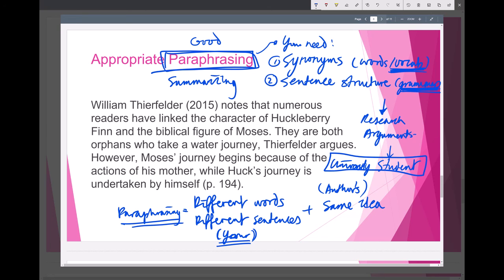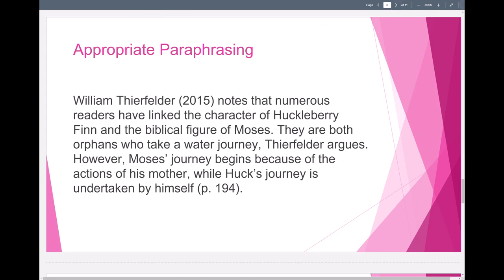And so the citation part, I'm teaching you as an extra skill that will help you not plagiarize and tell other people where you got your information from.